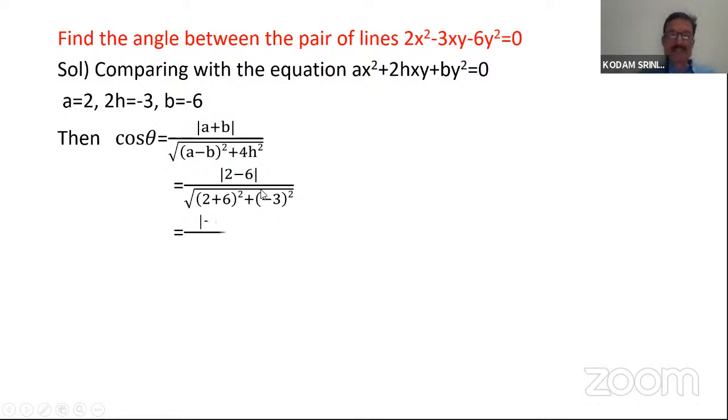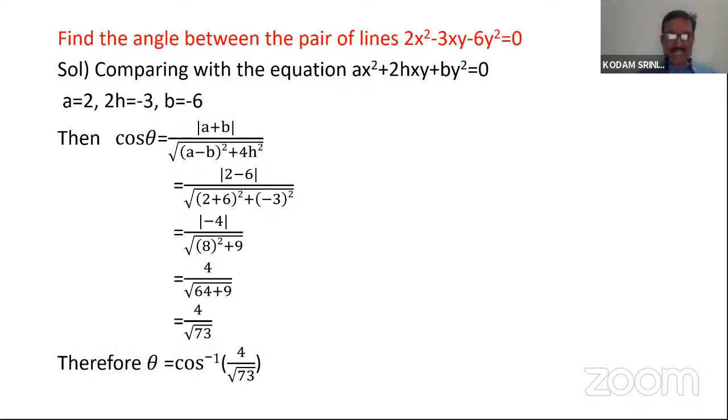After simplification, modulus of 2 minus 6 equals modulus of minus 4, which is 4. 2 plus 6 is 8, 8 square plus (minus 3) whole square equals 9. After simplifying, we have 4 by under root of 64 plus 9, which is 4 by root 73. So we get cos theta equals 4 by root 73.